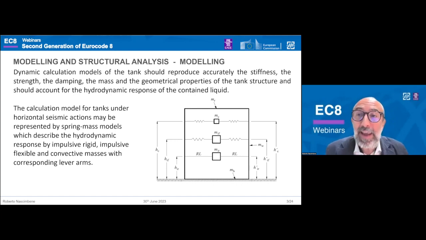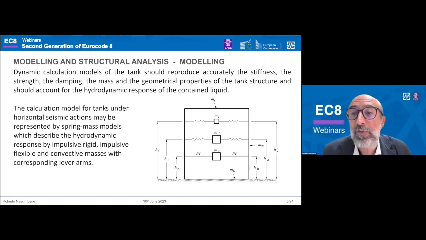Anyway, in any case, the dynamic model should properly consider the following elements. Sloshing of the liquid at the free surface, classically called convective component. Horizontal and vertical, that's important, movement of the liquid together with the rigid tank. That means the part of the fluid that synchronously moves with the tank.